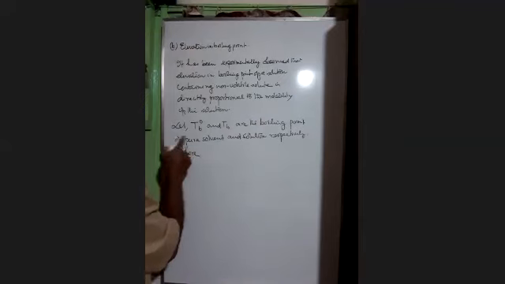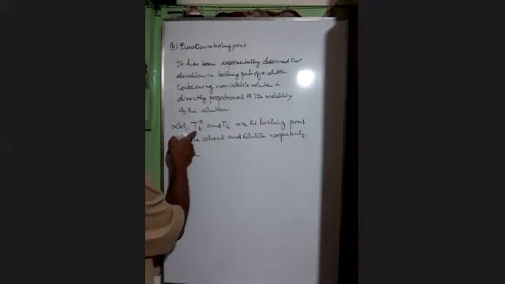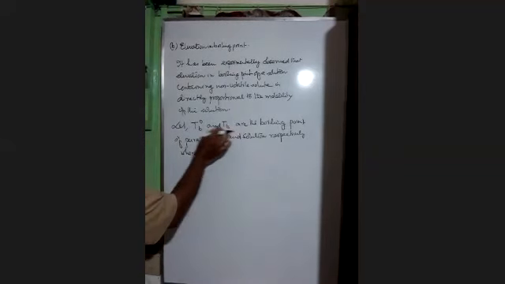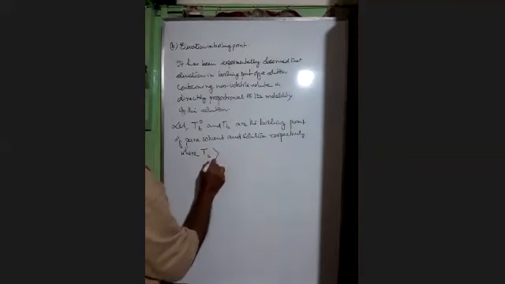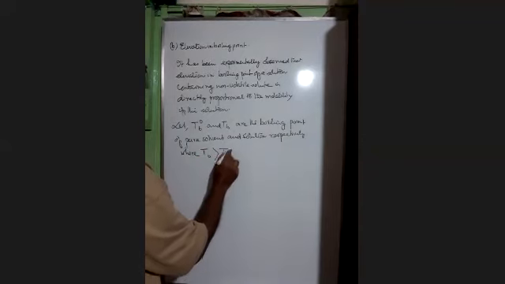Which is more? You will find here that for pure solvent, vapor pressure is more. So in that case, it is going to boil early. Here, vapor pressure is less. So you have to heat more to boil it. So this value is more than this, where TB is greater than TB0.